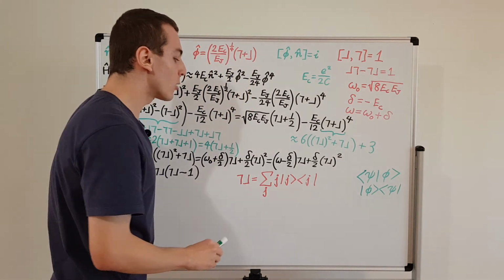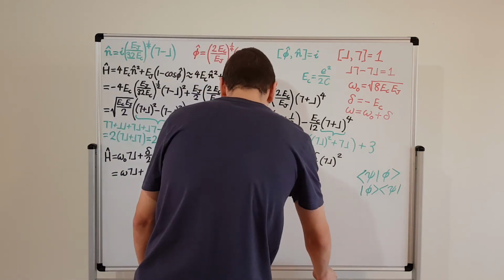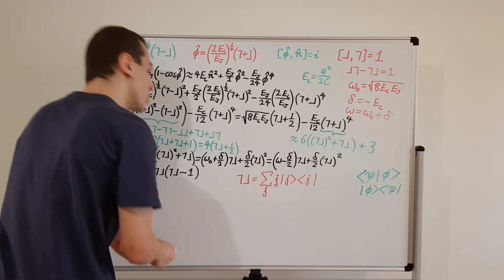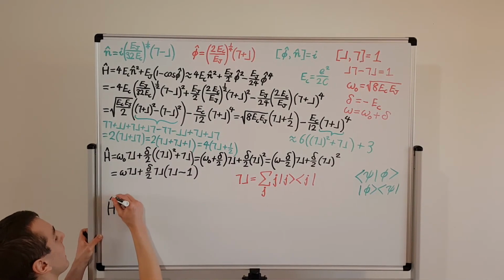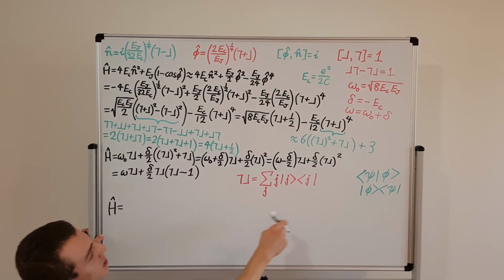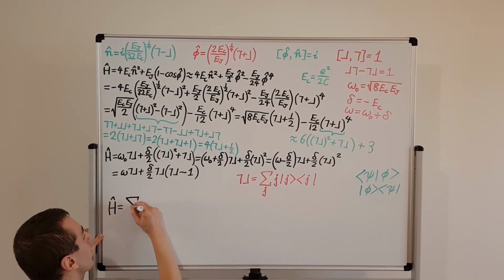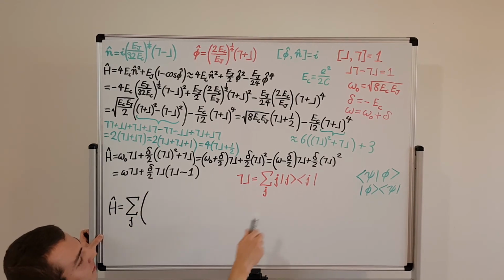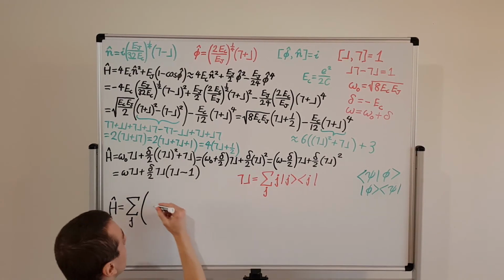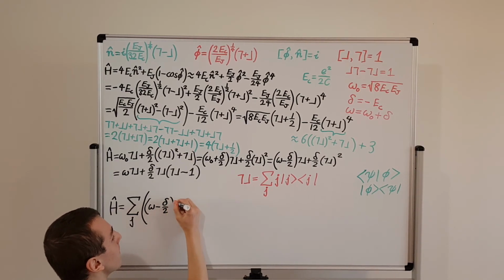Now I'm going to write the Hamiltonian using this. H hat is equal to, using this definition of the Hamiltonian, a sum over this index j, and inside we're going to have omega minus delta on 2.